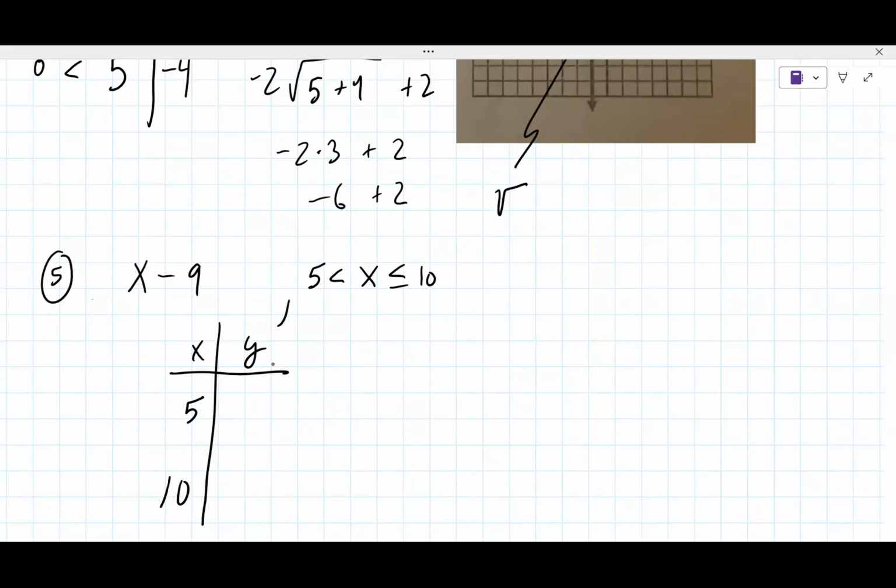So give me the y values, please. The y value for 5 right there.